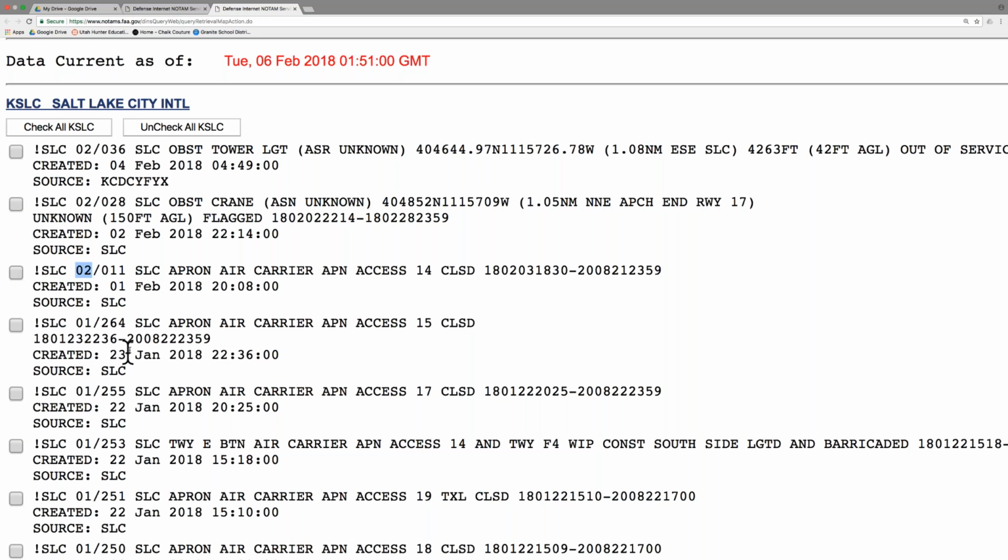This 2 here, the first 2 numbers, and I want you guys to write all of this down because you'll be required to read these NOTAMs. Yeah, so if you guys just want to write down basically this right here, you don't have to write that exclamation point, but write that down and let's dissect it really quick, okay?